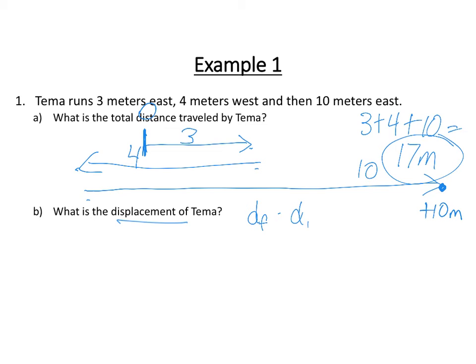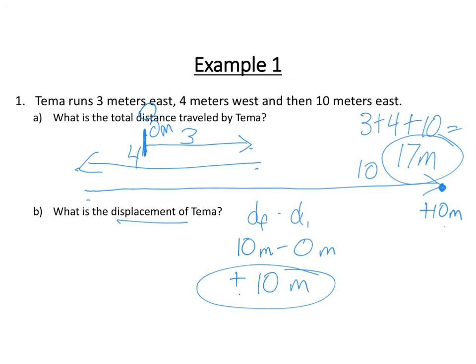So we started at 0 meters over here, and we ended at 10 meters in the positive direction. So now we just do final minus initial. We got 10 meters minus our initial 0 meters, and that gives us a displacement of 10 meters in the positive direction. You don't have to put the plus sign. If it's not there, it's understood that it's positive, but you can if it helps you out.